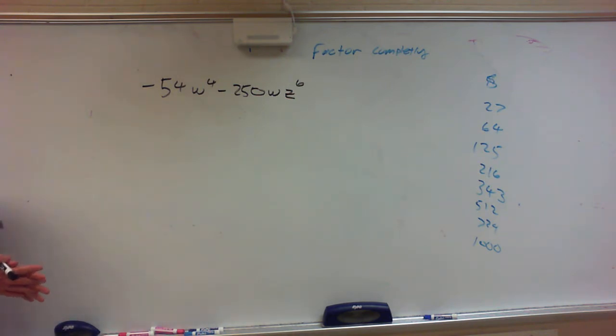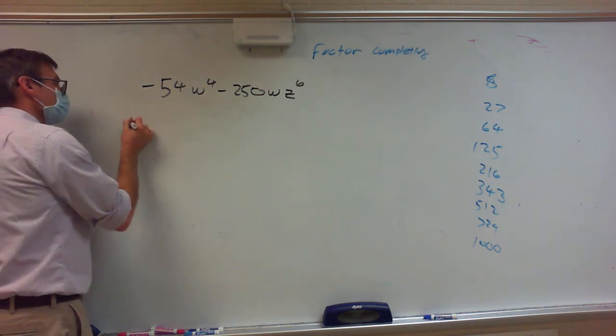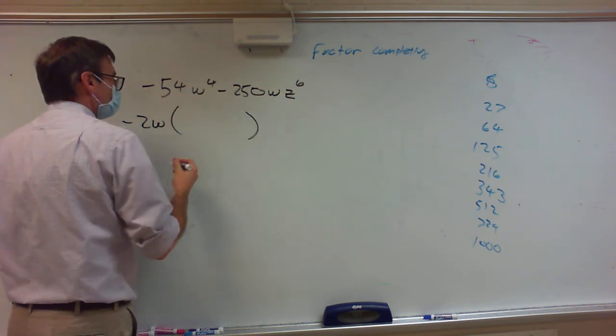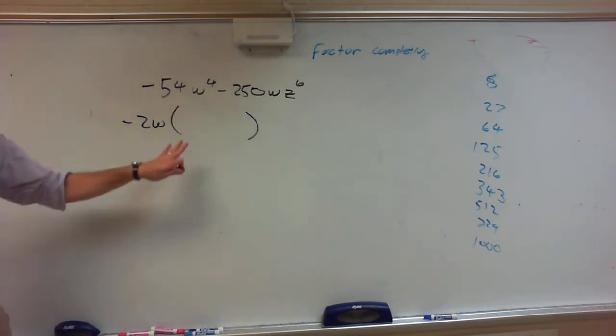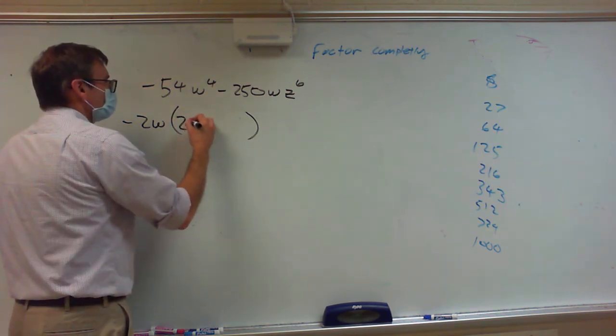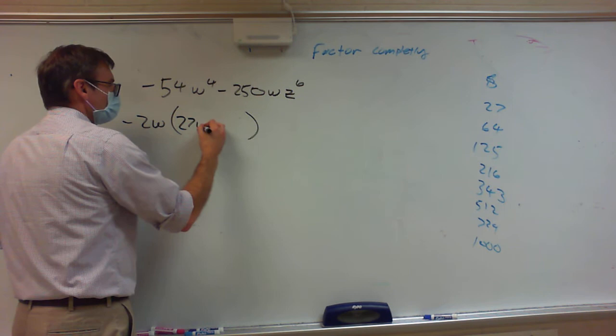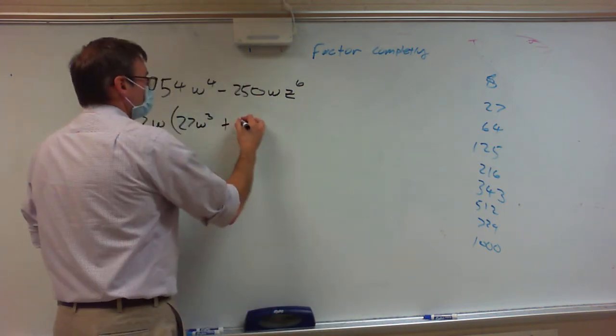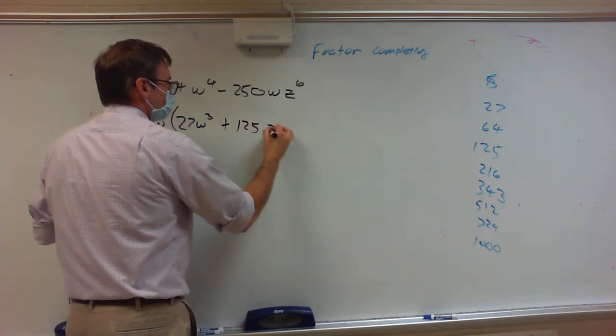All right. So what's in common? That would be negative 2w. We okay with the negative 2w? So I'm going to factor out a negative 2w. When I factor out that negative 2w, what's left? 27w cubed plus 125z to the 6.